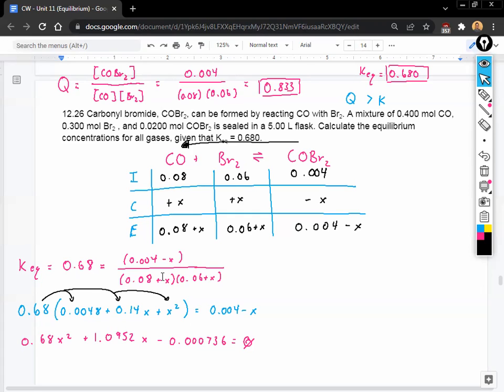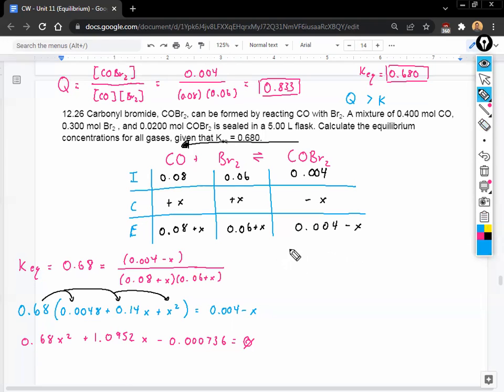Let me double check my math to make sure we're on the same page. 0.68 times 0.0048 minus 0.004. Yeah, and then you'll get negative 0.000736. Okay, we're good. Last call to correct Mr. O for a free A. Just kidding. Okay, so now we're gonna plug this into our quadratic formula.